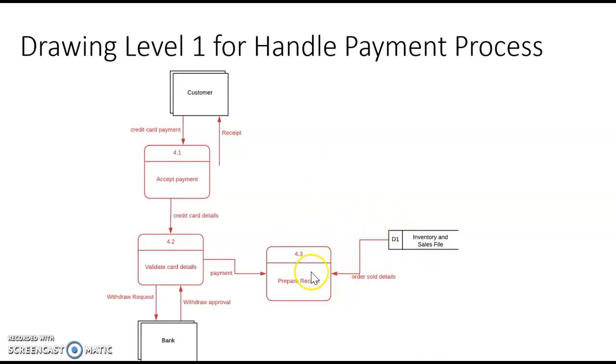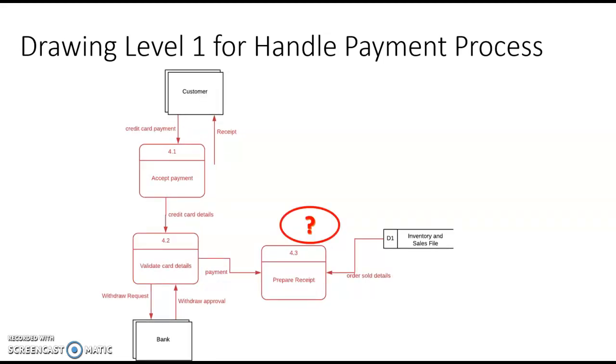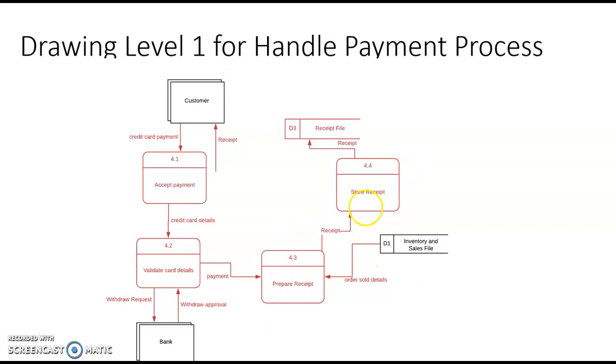All of these will be placed in the receipt with the payment taken from this, and also from the storage will be the price of each one, and they accept the approval that the payment is already done to prepare the receipt. What will be the output? The output will be for sure the receipt.